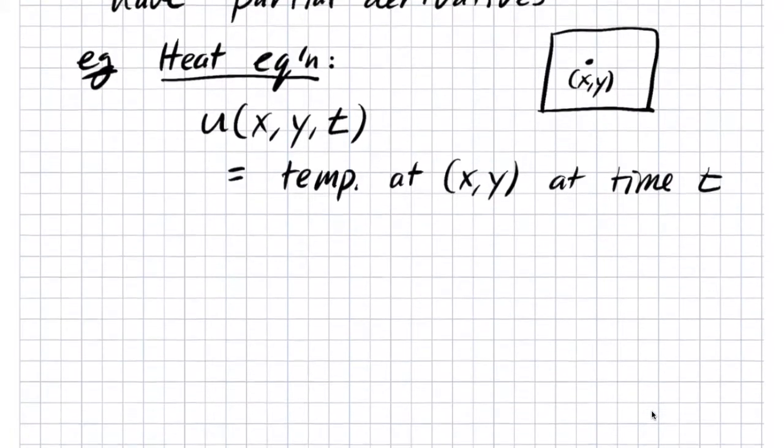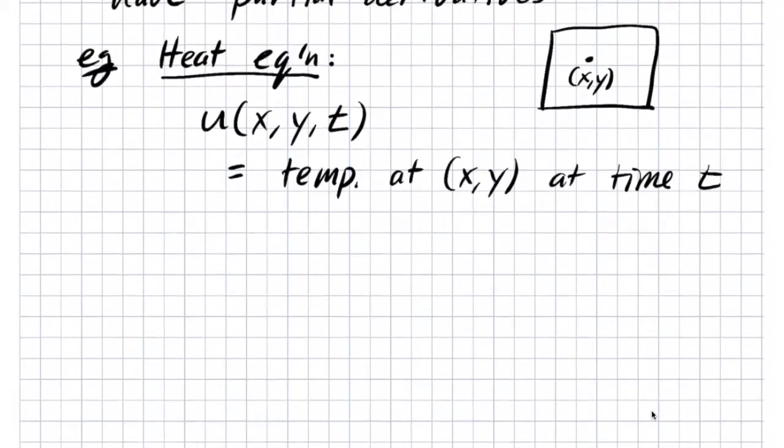And what is the heat equation? So the heat equation is this partial differential equation. So notice we have three variables here. We have x, y, and t. So this is like multivariable calculus that we're doing now. So with multiple variables, we have partial derivatives as opposed to ordinary derivatives. So the partial derivative of u with respect to t is measuring how fast the temperature is changing with respect to time.